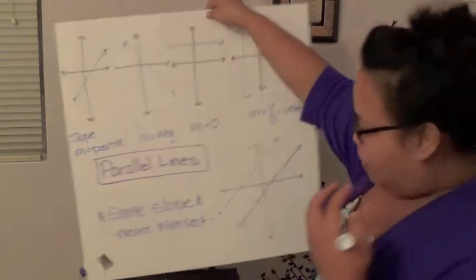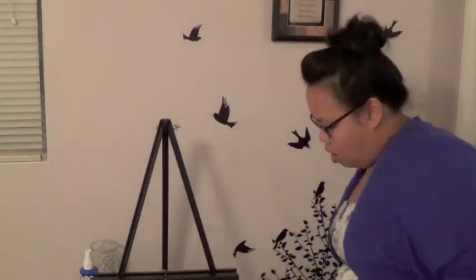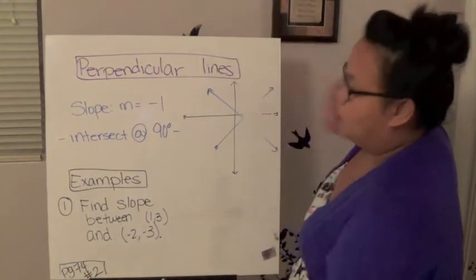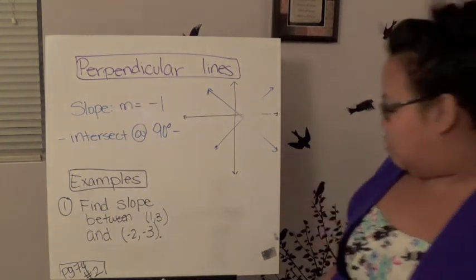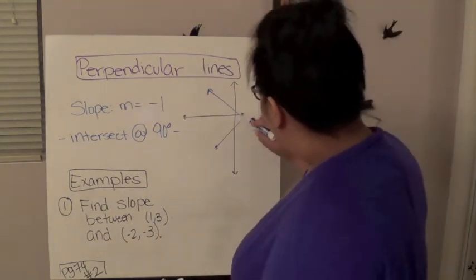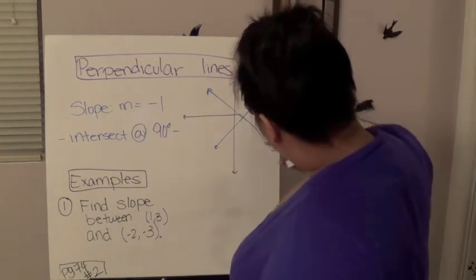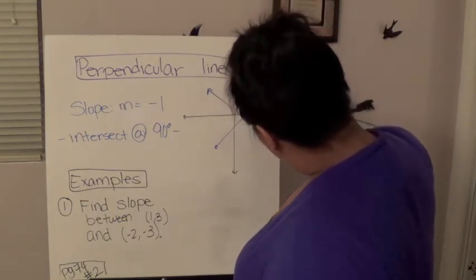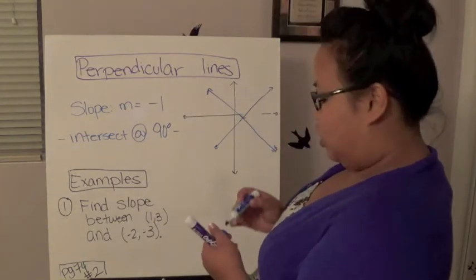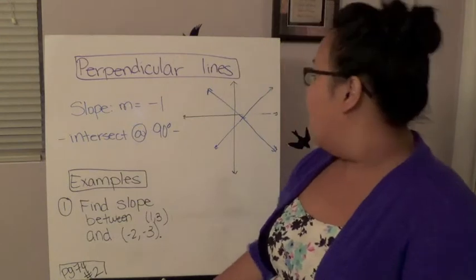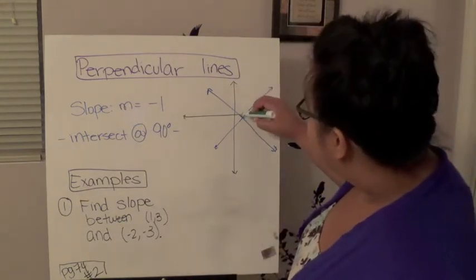And the opposite of that are perpendicular lines. Okay, and we went over perpendicular a little bit in Algebra 1. Perpendicular lines essentially are two lines that don't just intersect, but they intersect at exactly 90 degrees.